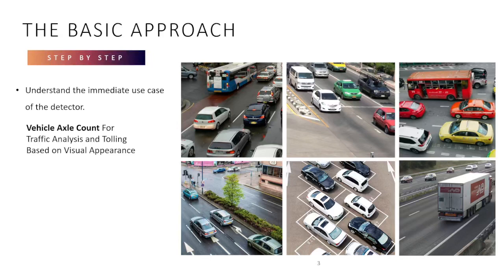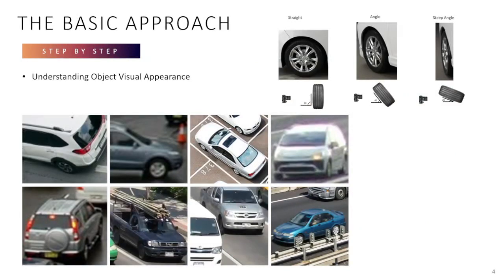As we can see here, these are some of the example visual views and camera orientations that we're trying to target. Next is understanding the visual appearance of the object.